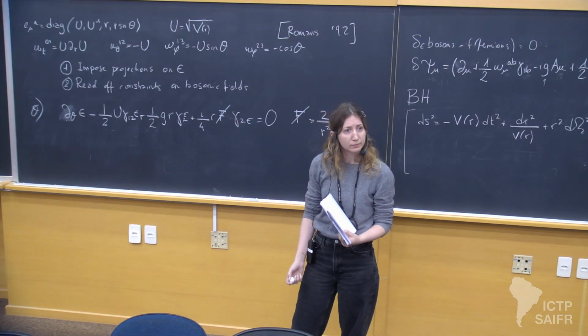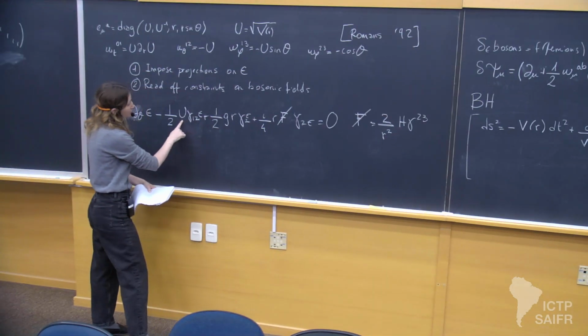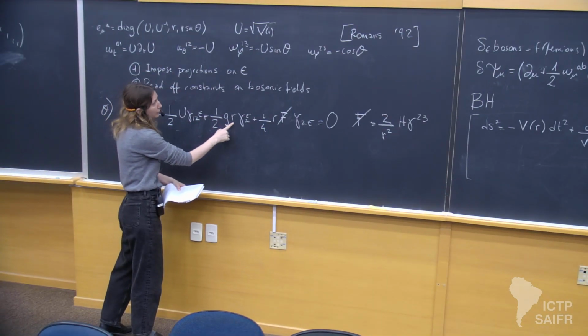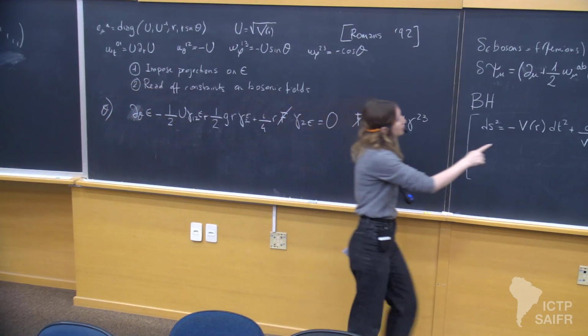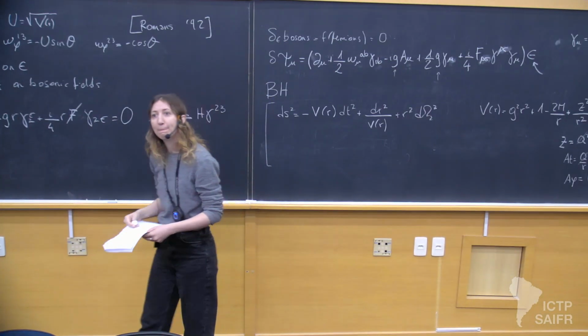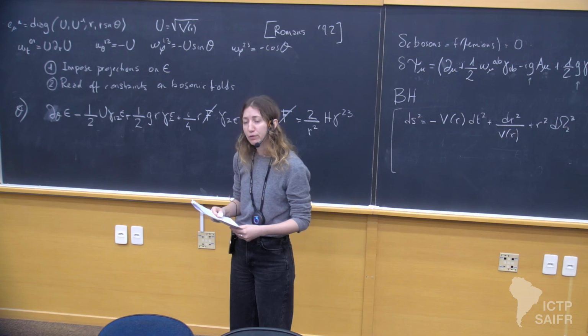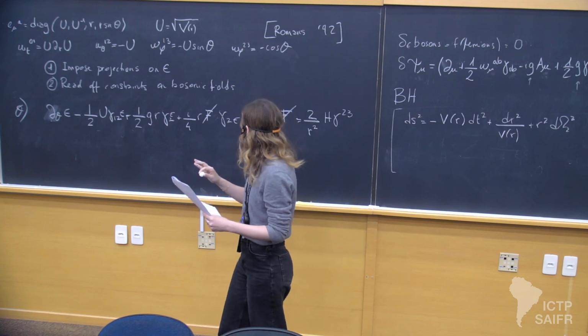Yes, I stripped off all the field lines. When you see this term here, I put r because you had gamma mu, so gamma theta, and the field. Okay, fine.